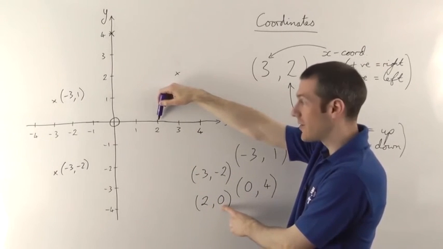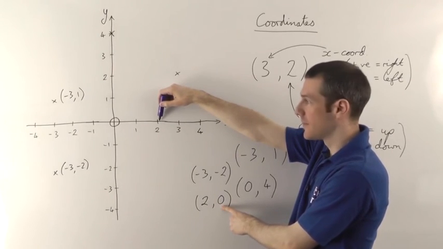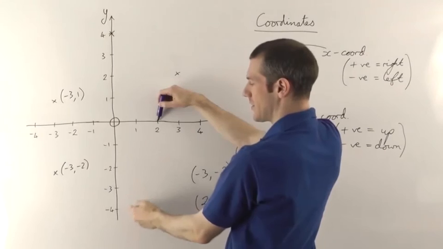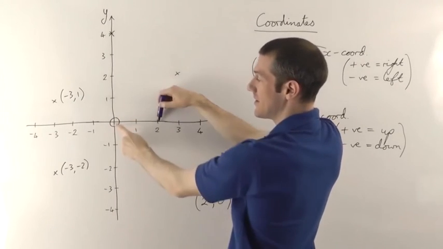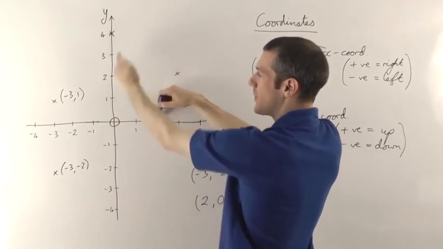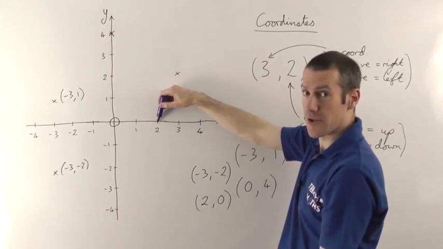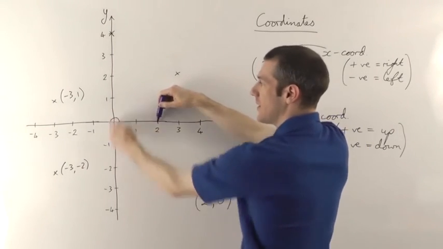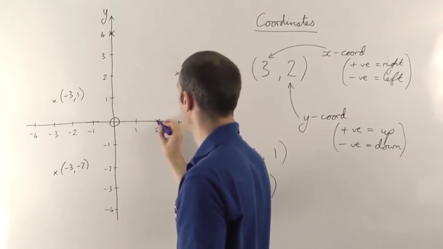The y coordinate now, though, is 0. That means you don't go up or down. If you look at the y number line, -3, -2, -1, 0, 1, 2, 3, the 0 is there. So in terms of your up-down movement, you actually haven't gone anywhere. You're at 0, you're at this point here in the up-down direction. So 2, 0 would be on that point there.